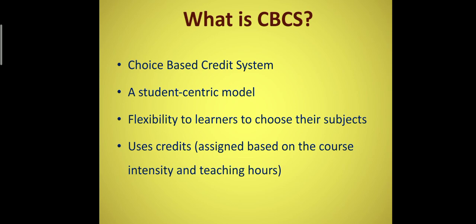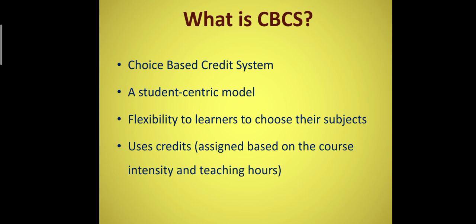So what is CBCS? It is actually a model of evaluation which is very student friendly. So it is also called a student centric model. There is a lot of flexibility given to the learners. Flexibility here means choice.